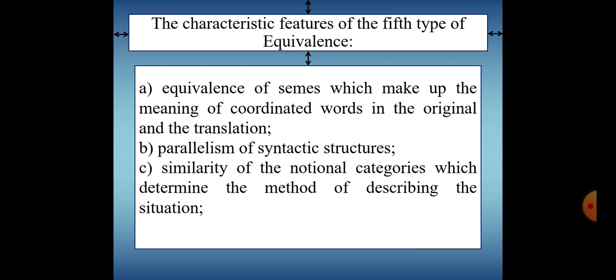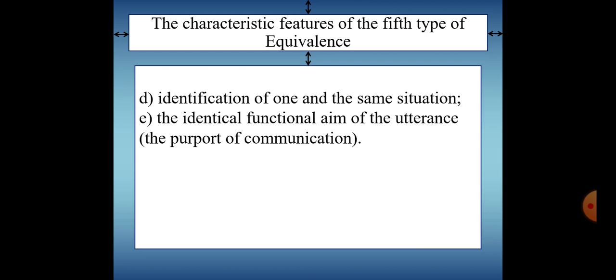Third, similarity of the notional categories which determine the method of describing the situation. Fourth, identification of one and the same situation. And the fifth, the identical functional aim of the utterance, that is, the purpose of communication.